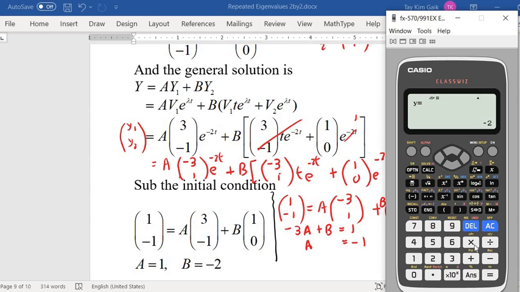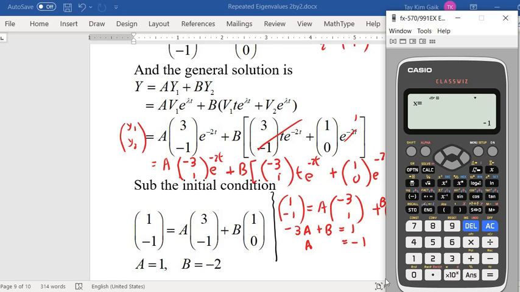Okay, we use our scientific calculator. Now the matrix is negative 3, 1, 1, 1, right side negative 1, 0, and then a is 1.